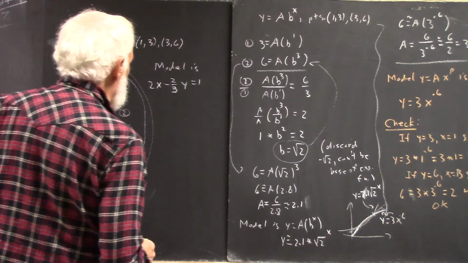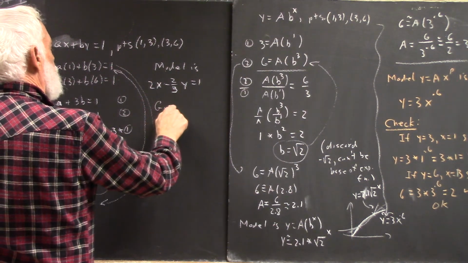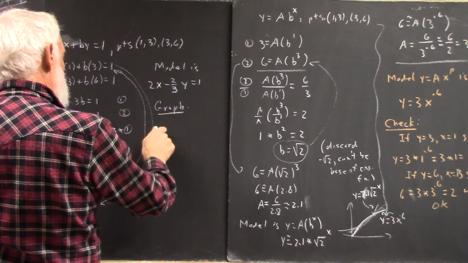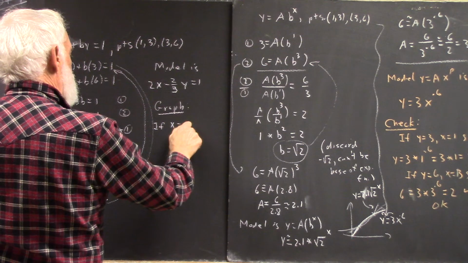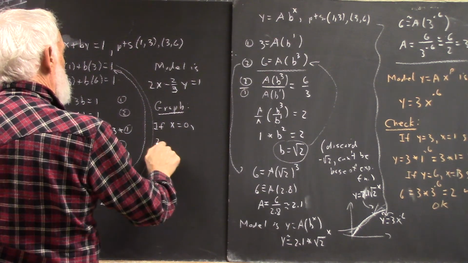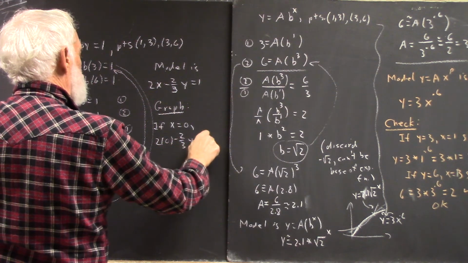Well, I am going to graph this. If x equals 0, you get 2 times 0 minus 2/3 y equals 1.